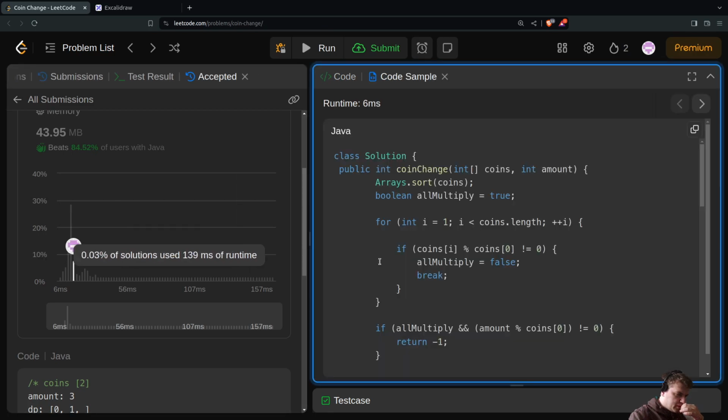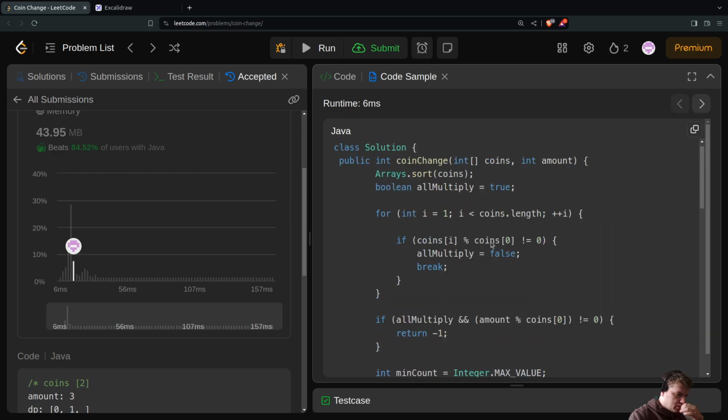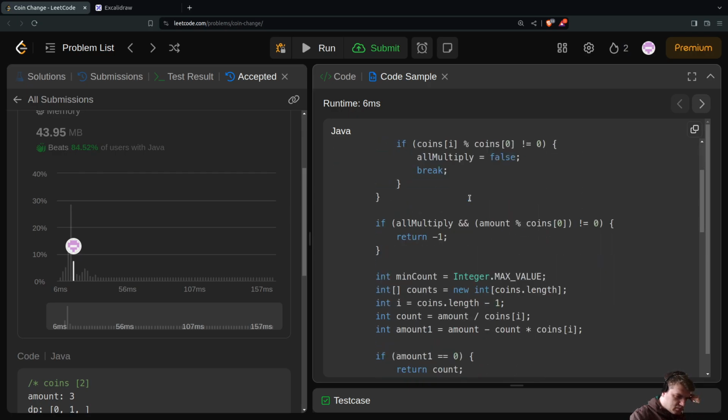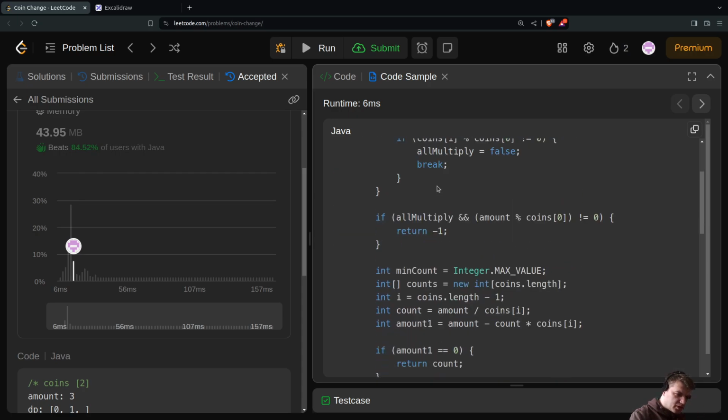Can I do better here? Okay, yeah, so I can multiply all the coins. And if it's not a multiple, I can just break.